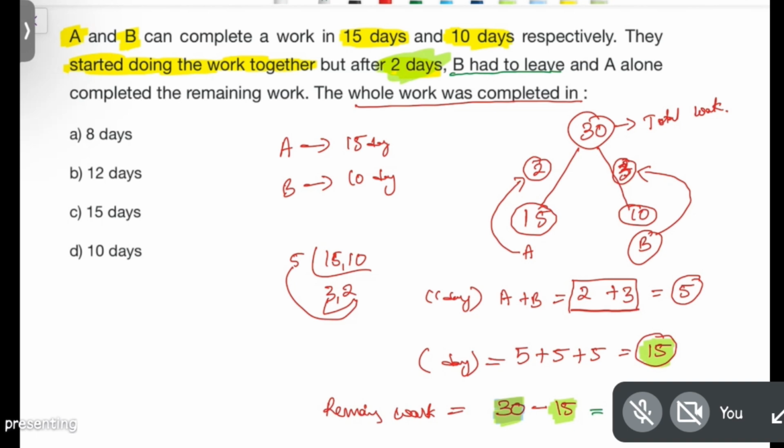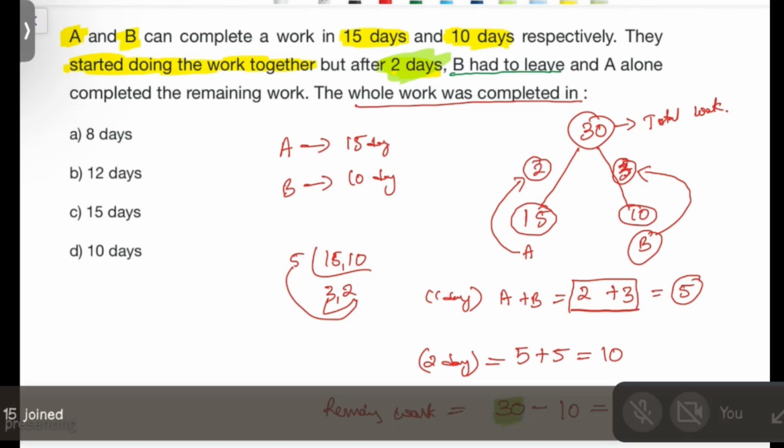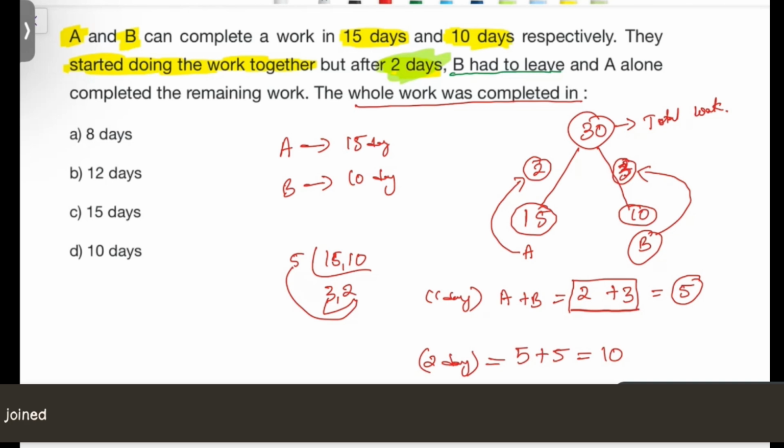So for 2 days, 5 plus 5 is 10. In 2 days, they are doing 10 pieces of work. So how much is left? There are still 20 more works to be done.